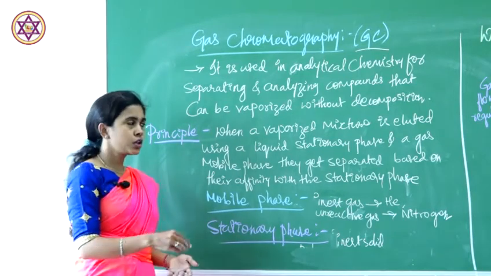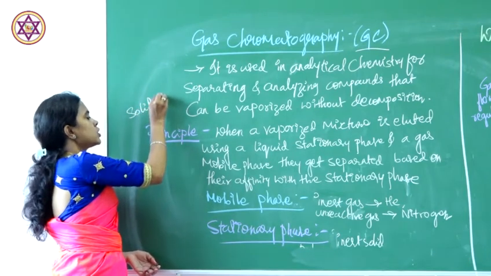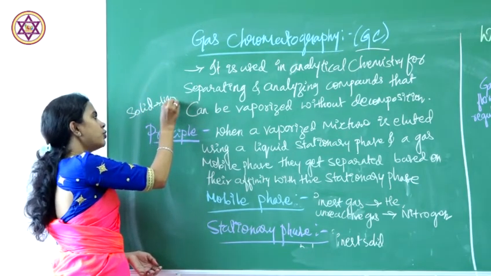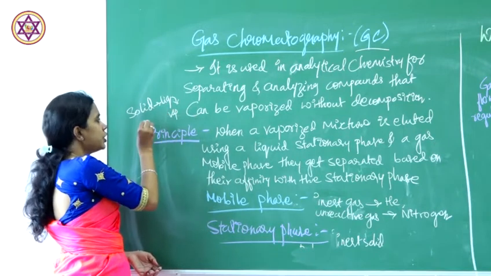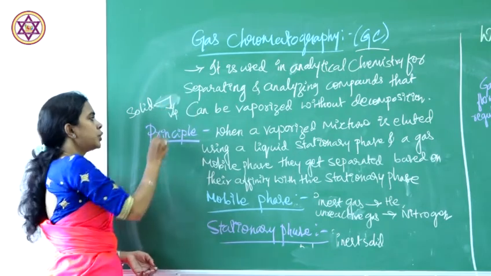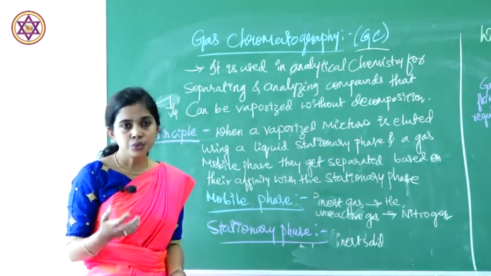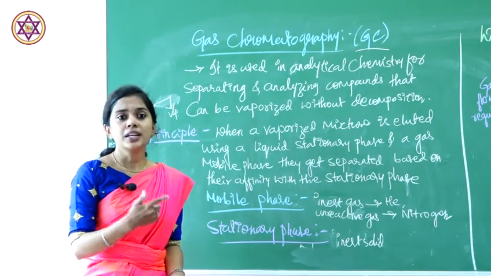Usually solids go to the liquid state and then to the vapor state, but a few compounds convert directly from solid to vapor state. That kind of compound we separate out by this method.